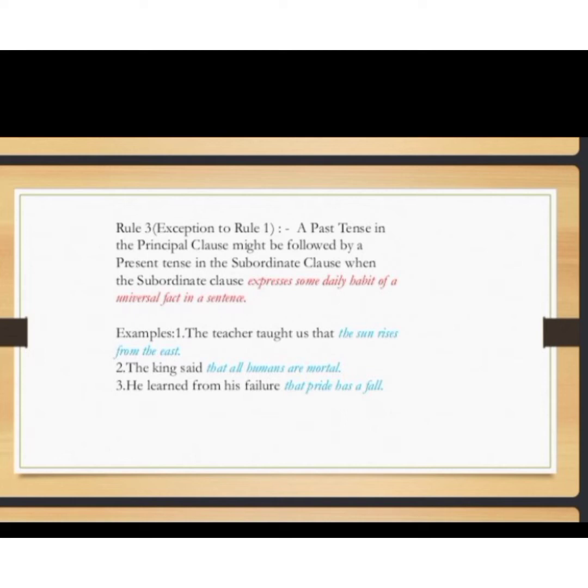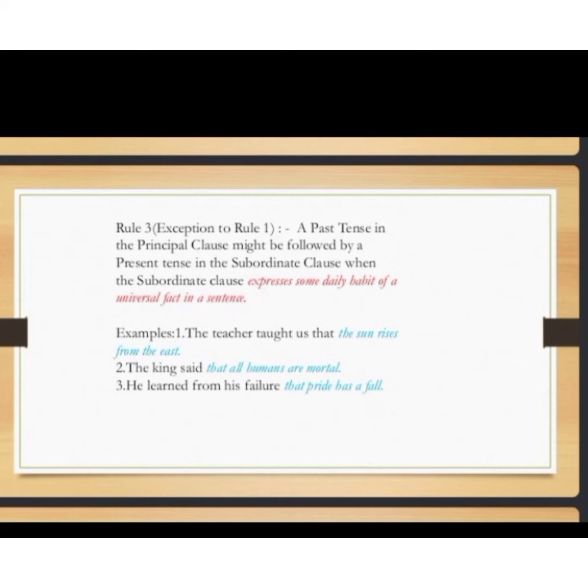So these are the examples which show that if the principal clause is in past tense, you have to write the subordinate clause in present tense if the sentence expresses a daily habit or a universal truth or universal fact. Clear? So children, using these rules, we have to do all the exercises given in this chapter.